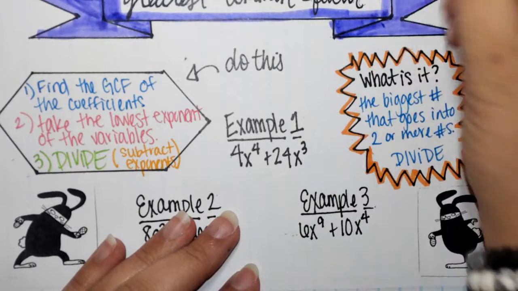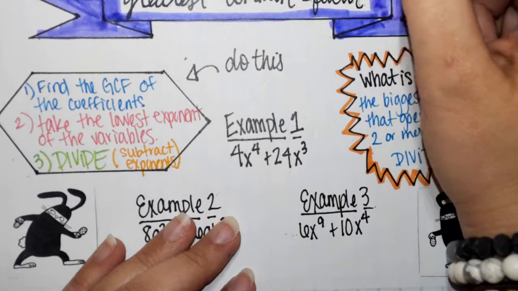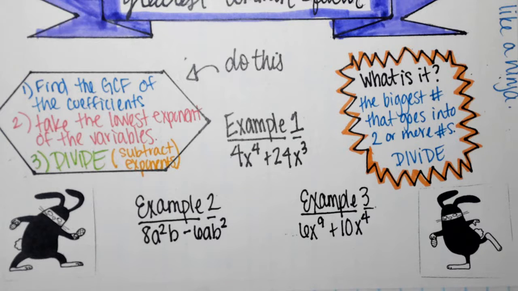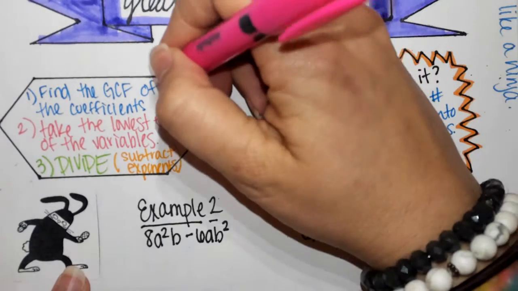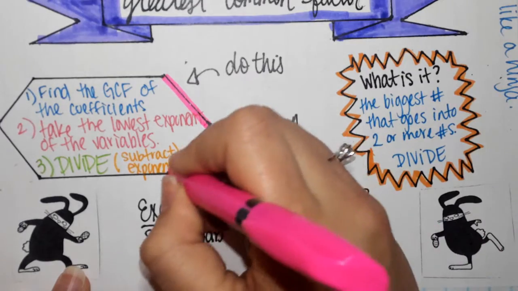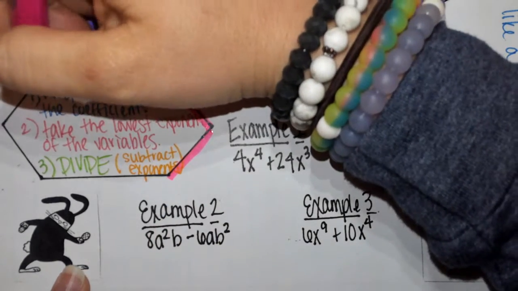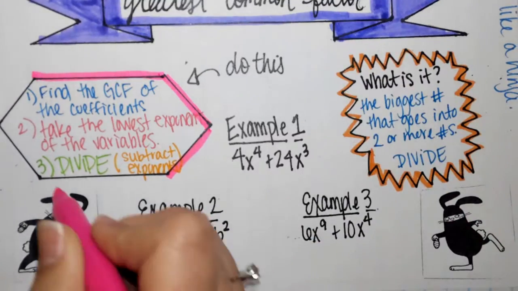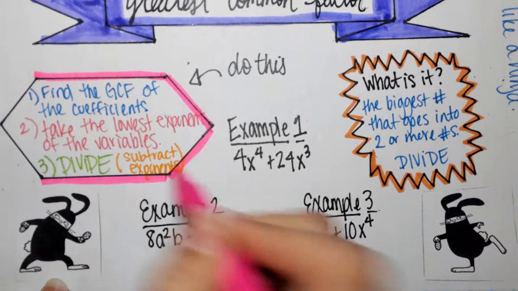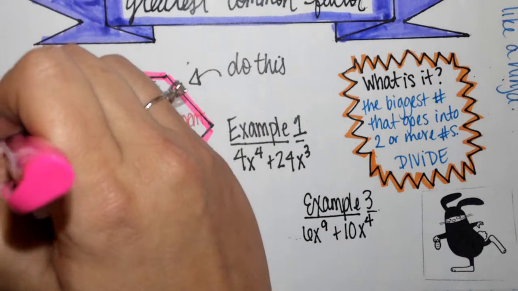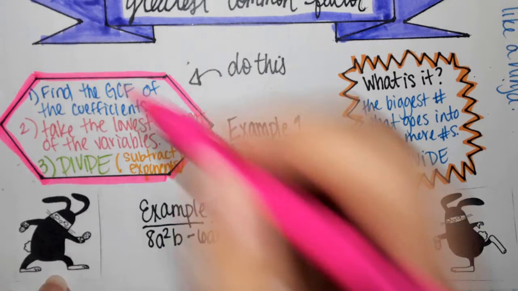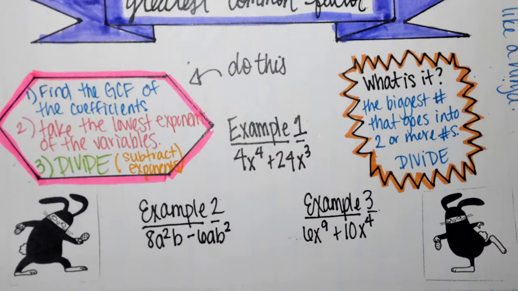Are we ready to practice, or do y'all need another minute to color? So, when you're taking your greatest common factor, what we're doing with factoring is we're going backwards.